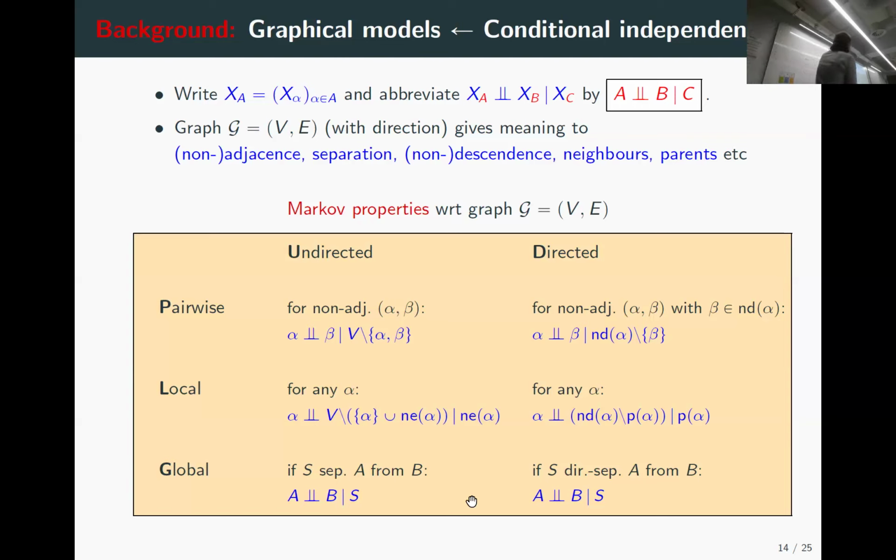The graph gives us a notion of neighborhoods and, if it's directed, of descendants, parents and children.